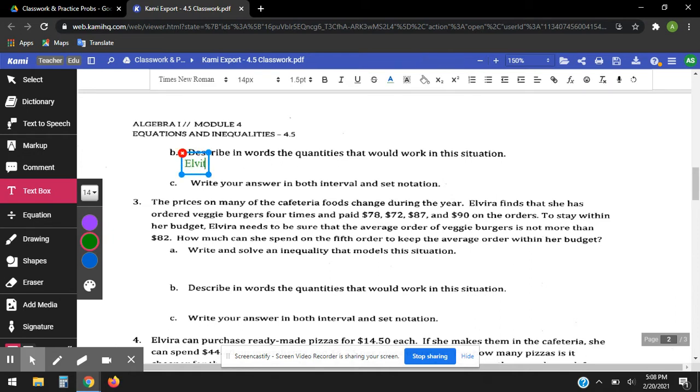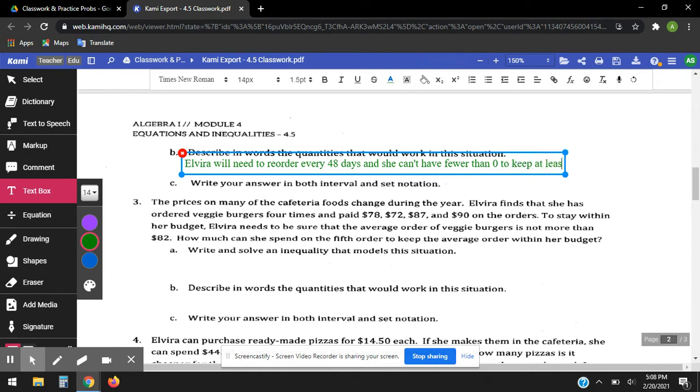So Elvira will need to reorder every 48 days, and she can't have fewer than 0 to keep at least 20 gallons.